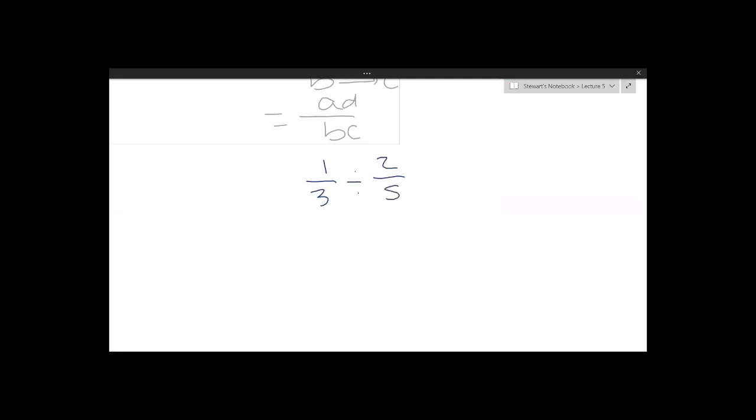The standard convention here is to do 1/3 multiplied by the reciprocal, which is 5/2. And then you just multiply straight across like we did before, which would be 5/6.